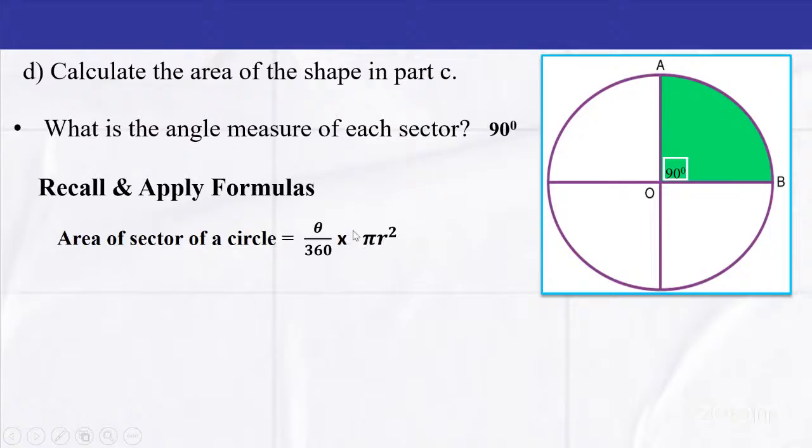Anybody? Still waiting. Okay. Why pi r squared? What does pi r squared remind us of? What did we use pi r squared to find?